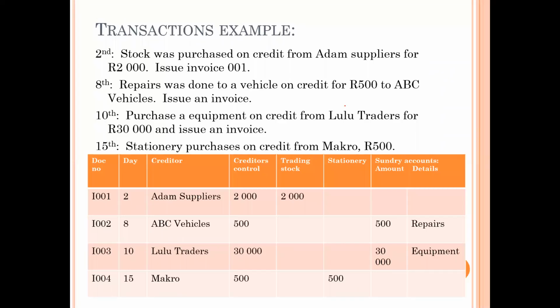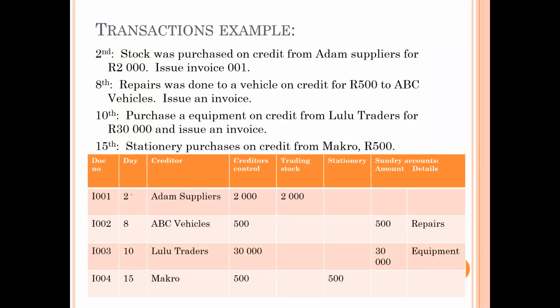But before we do that, let's just have a quick recap of some important things of the Creditors Journal. If we look at these entries that were made, the first column is your document number column. Every time it's going to be an invoice, you're going to use an I for invoice and you number it. Normally they will give you the first number, you automatically go on then with the next numbers.